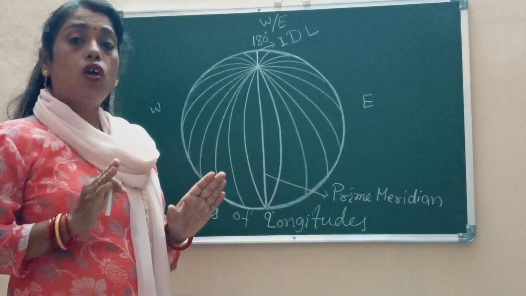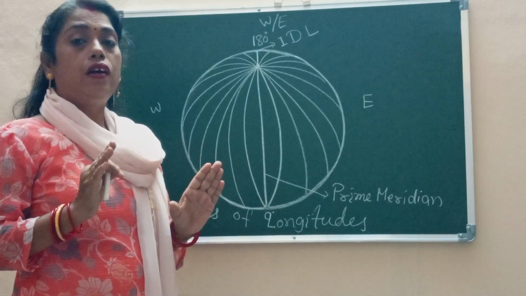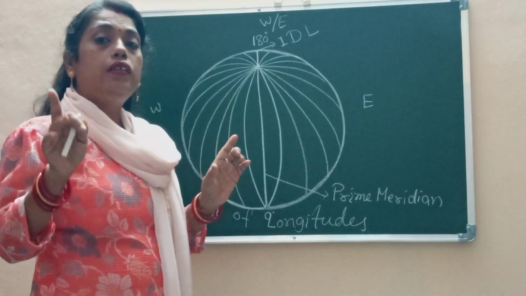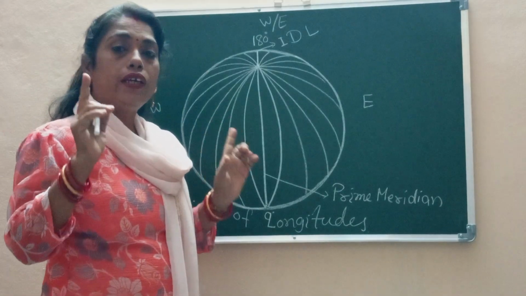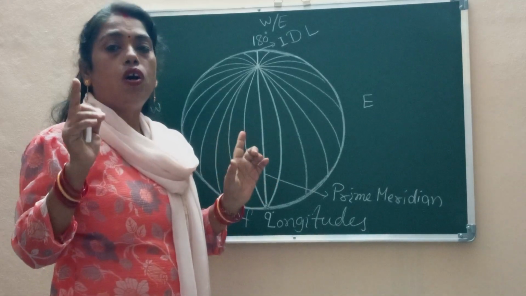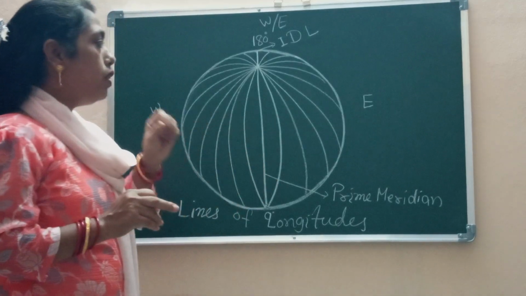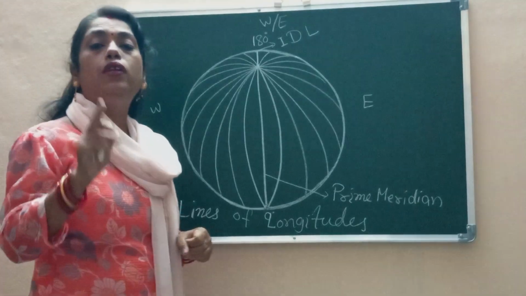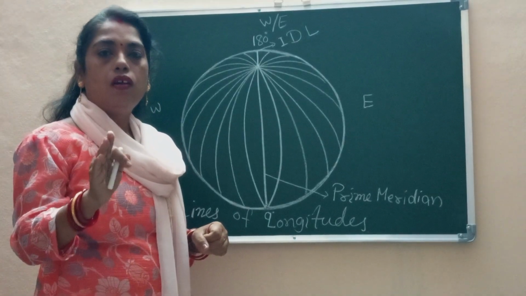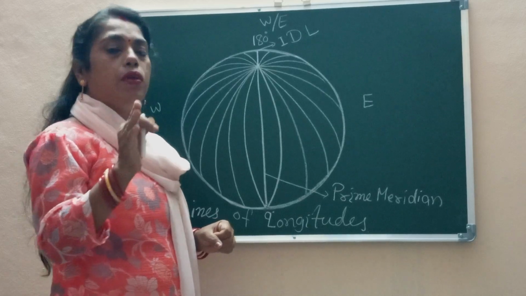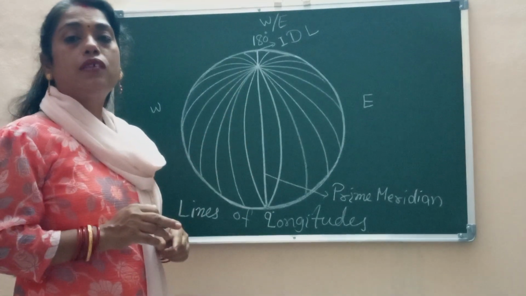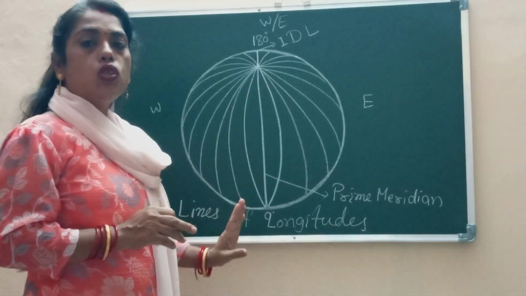But in case of latitudes, there is the equator which we draw in the middle, which is the longest circle. Equator is the longest circle. Here no line will be a full circle, all will be semicircles starting from the North Pole to the South Pole.